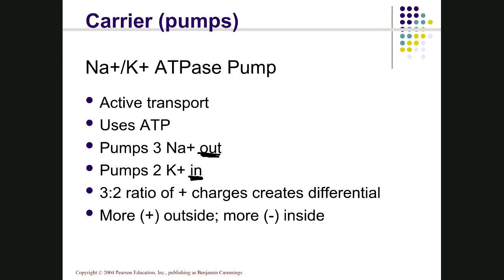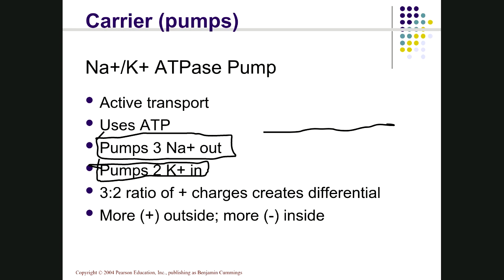And it also does not pump in a 1-to-1 ratio. It pumps in a 3-to-2 ratio. So it pumps 3 sodiums out, and then it turns right around and brings 2 potassiums in. So it's here on the membrane. It looks like this, and it's going to pump 3 sodiums out, and then it's going to turn right around and bring 2 potassiums in.